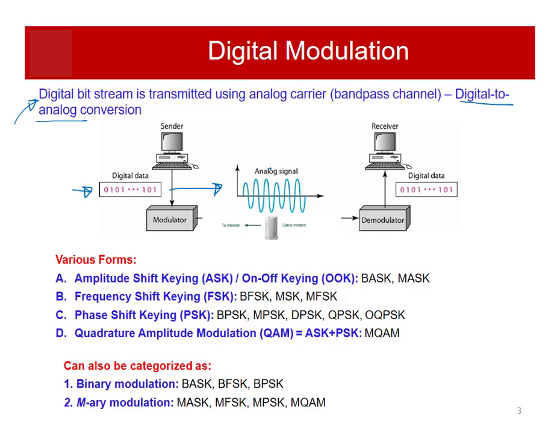You can see this is the signal that is transmitted, and it has the information which actually depends on this digital bit sequence. Then this analog signal is received by the demodulator, and the demodulator demodulates the analog signal back to the original bit sequence, which is then used for further processing in the computer. So this is the whole block diagram of a digital modulation technique.